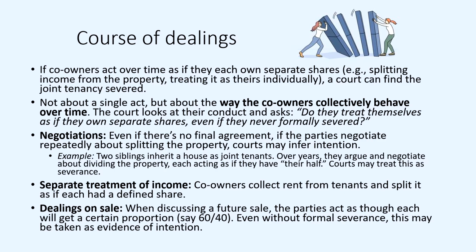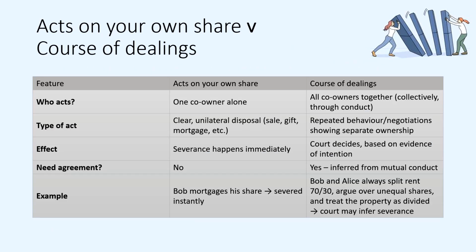So this can be negotiations, it can be discussing a future sale, it can be renting out a property. Any kind of evidence should suffice, as long as it's not a one-off incident, but a repeated course of conduct. So that's what really separates acts on your own share and course of dealings.